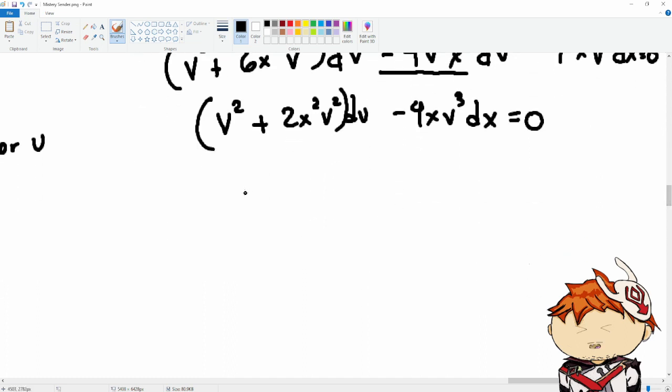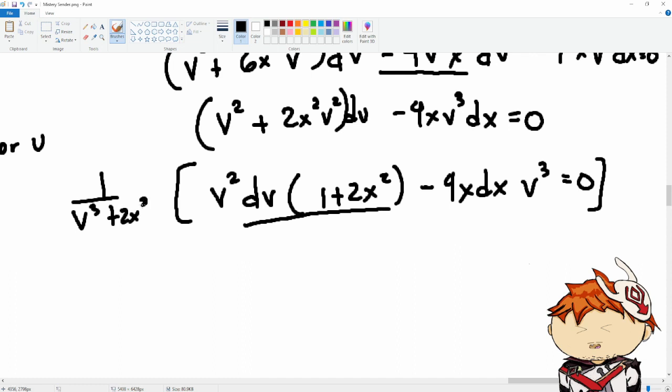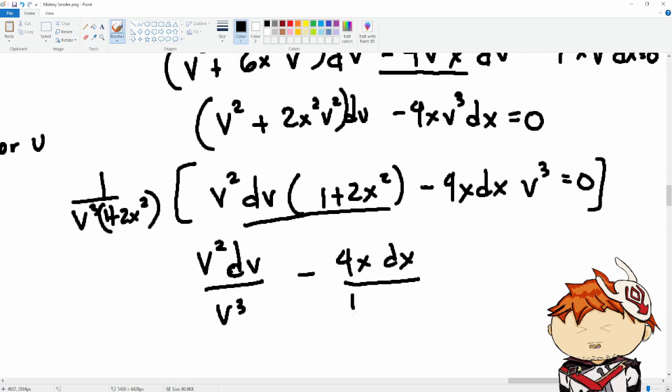Okay, that's separable. v squared dv times (1 plus 2x squared), minus 4x dx v cubed is equal to 0. Divide both sides by v cubed and 1 plus 2x squared. So this will become v squared dv over v cubed minus 4x dx over 1 plus 2x squared is equal to 0.